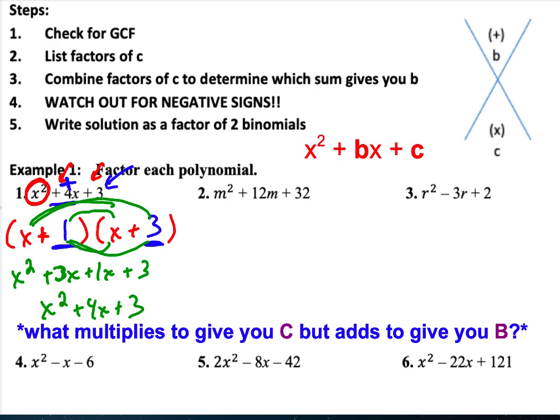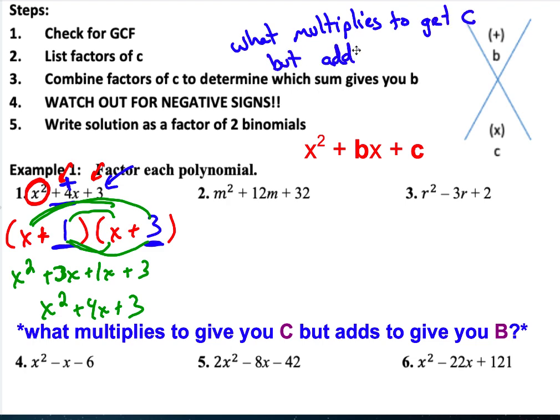So what we're thinking about is what multiplies to get c but adds to get b. What multiplies to get that number, because my last terms multiply to get the c, but they have to add in the middle, because there's going to be two of them, to give me b.